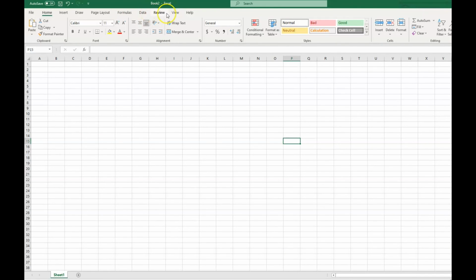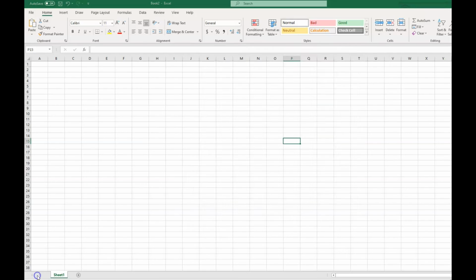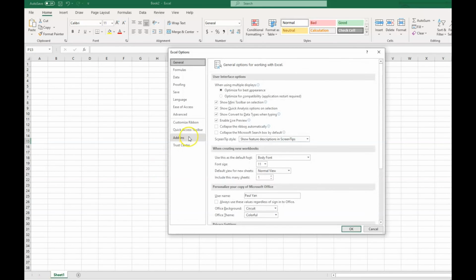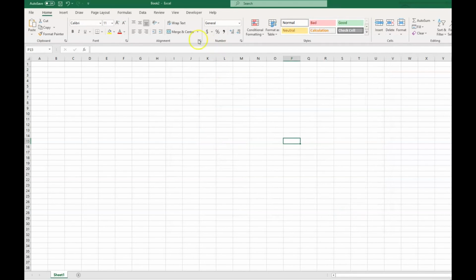Assume Developer is not on your menu bar. Click File, click Options, click Customize Ribbon. Then you will see Developer here. Just click Developer and click OK. Then you will find Developer here.